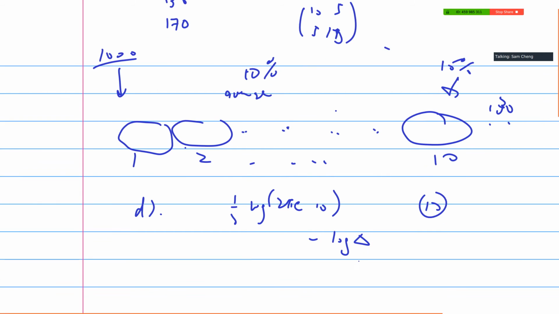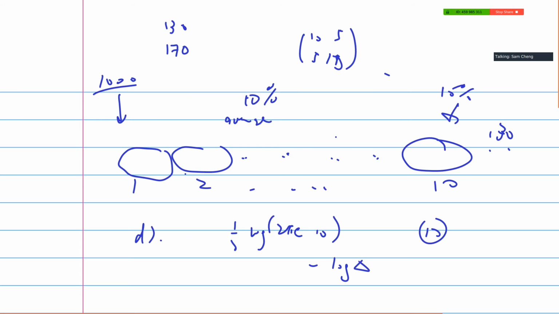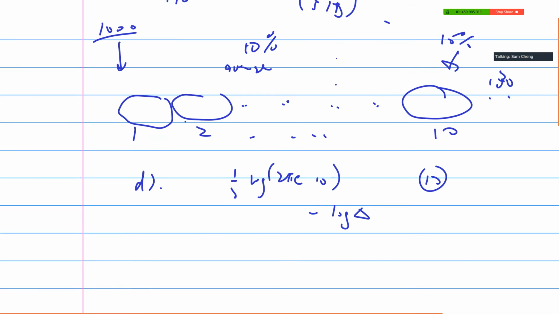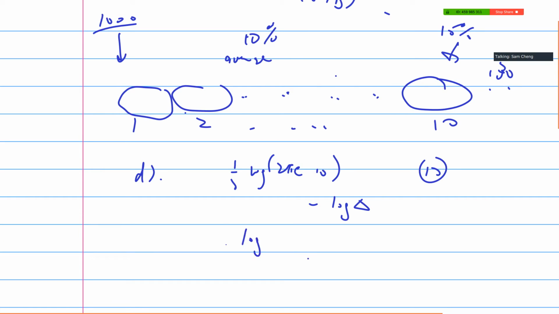But if I store them together, then be careful that I should compute the joint entropy instead. So it's 1/2 log determinant of 2 pi e sigma, minus log delta, the number of bits needed to store both the weights and the heights. That will be part D.